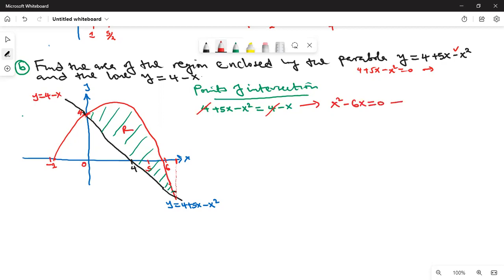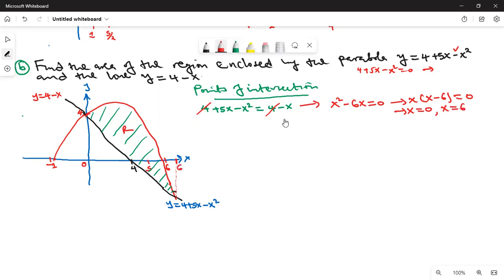So this means x into x minus 6 is equals to 0. So either x is 0 or x is equals to 6. So that means the 6 is somewhere here.